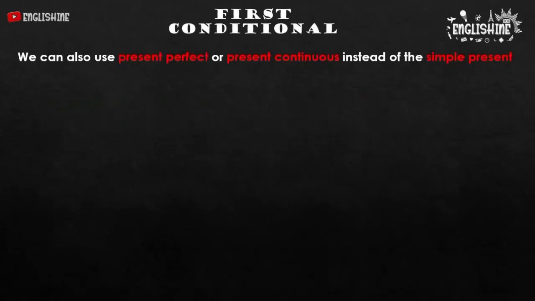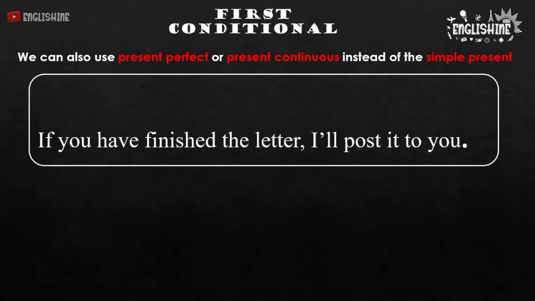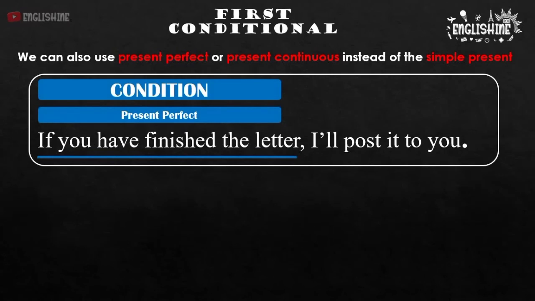We can also use present perfect or present continuous instead of the simple present tense. For example, if you have finished the letter, I'll post it to you. See, the condition here can be replaced by present perfect.